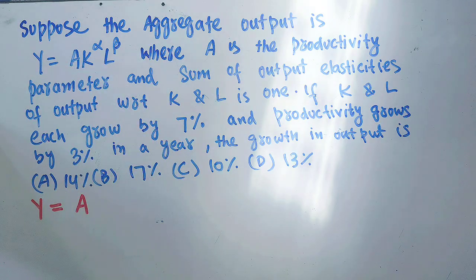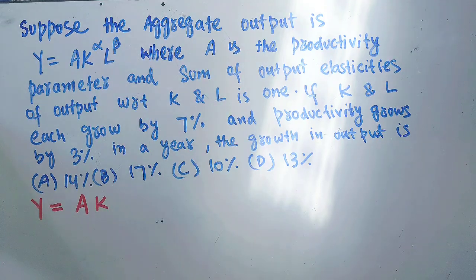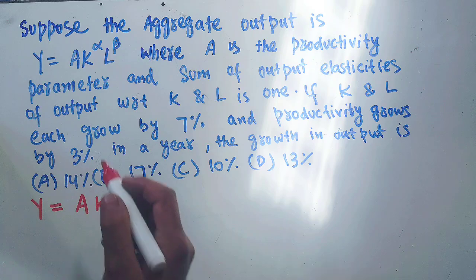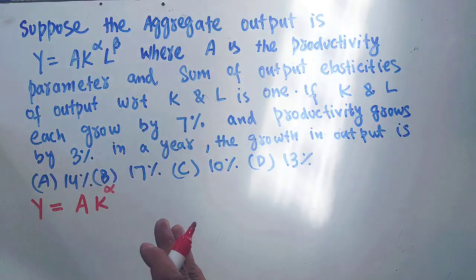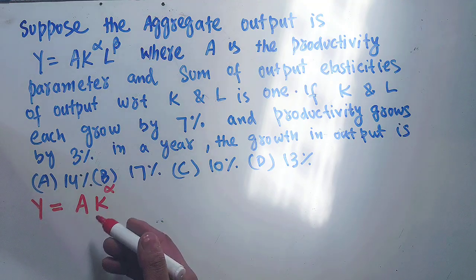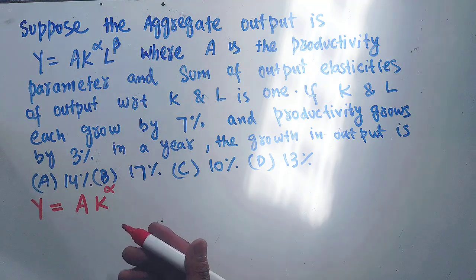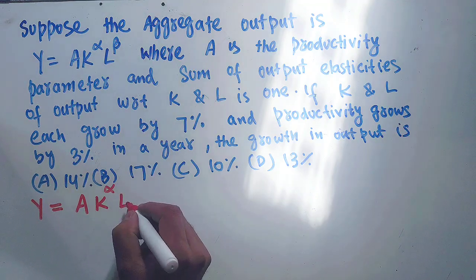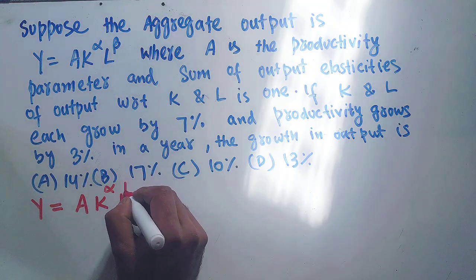It is a productivity parameter, times K, which denotes the units of capital employed, raised to the power alpha, which denotes the output elasticity of capital, that is, how our output increases when there is a 1 unit change in the units of capital employed. Times L denotes the units of labor employed, raised to the power beta.